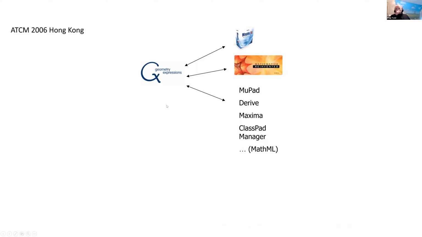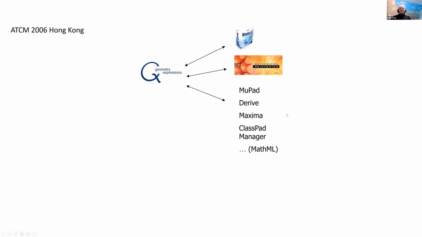What I was talking about in Hong Kong was Geometry Expressions, and we view that as a geometry add-on to a computer algebra system, providing the ability to talk geometry and algebra at the same time and communicate the algebra to a fully fledged computer algebra system to do fully fledged computer algebra on.